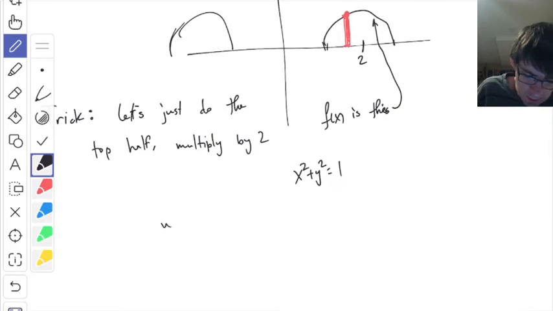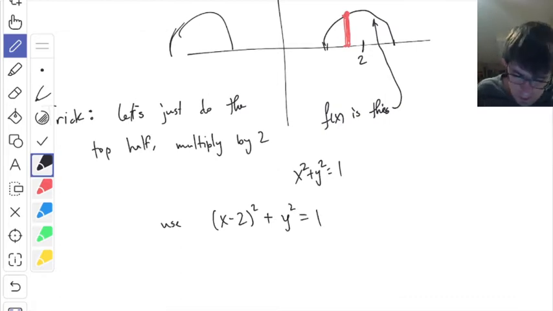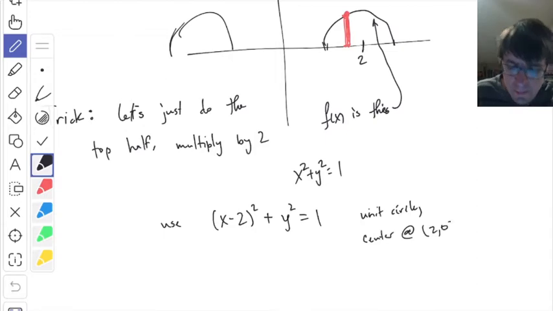So the way this formula works out is this: this is the unit circle with the center at (2, 0). This is something I'm sure you learned how to do at some point in your youth, the equation of a circle. If you wanted a circle with radius r, instead of 1 over there, you'd have r squared. But in our case, this is supposed to be a unit circle.